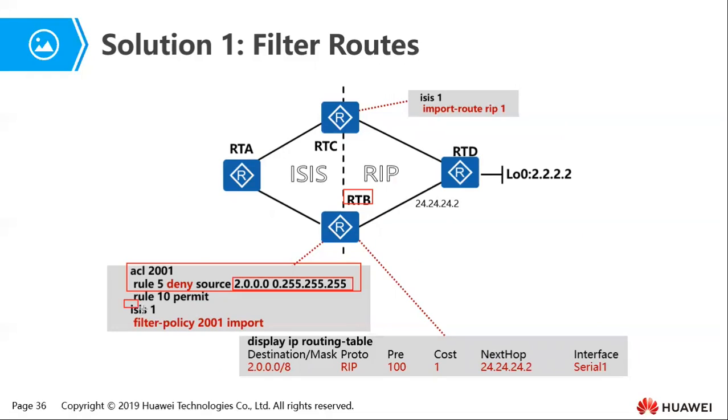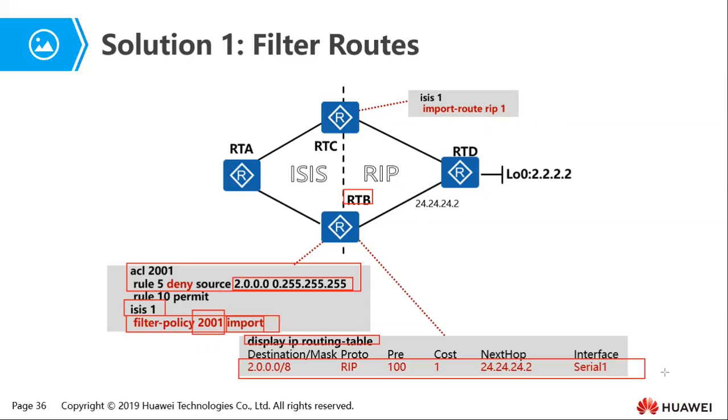Then we go into ISIS and we say filter policy. Then we specify the ACL number and we don't want to learn it. So import is for learning, exporting is for advertising.